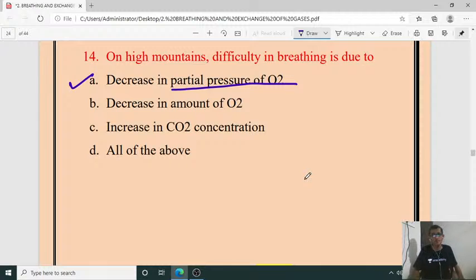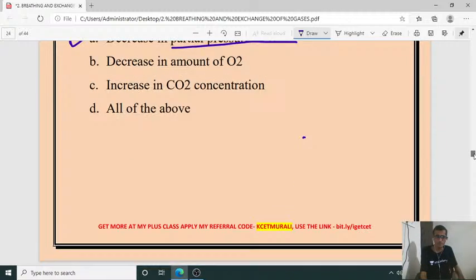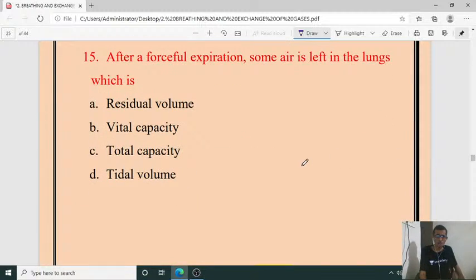Okay. Next question, number 15. After a forceful expiration, some air is left in the lungs. What is the terminology used for the amount of air left in the lungs after a forceful expiration?